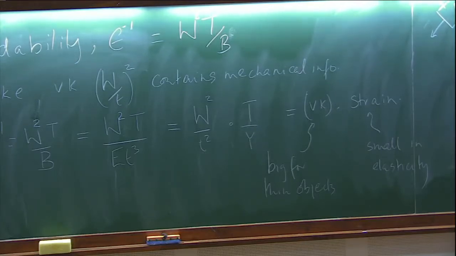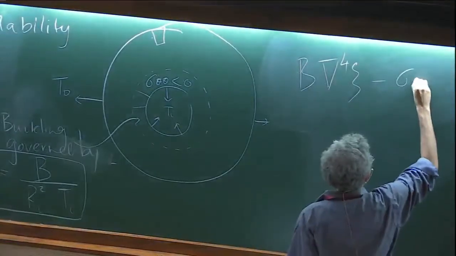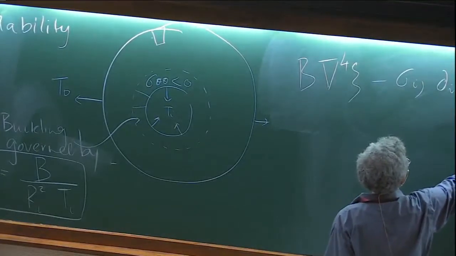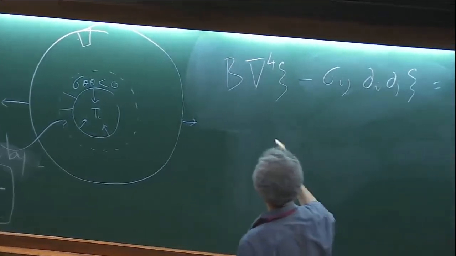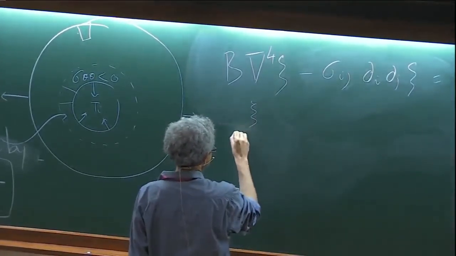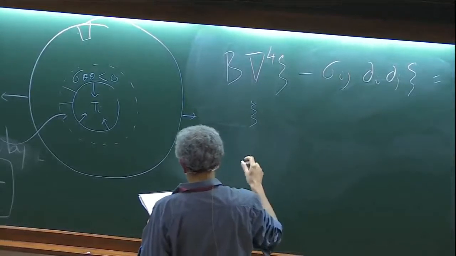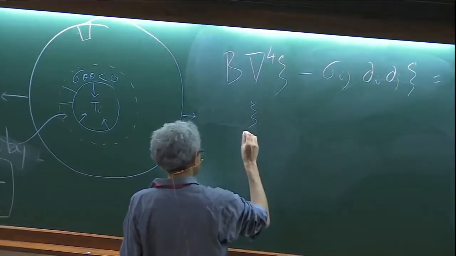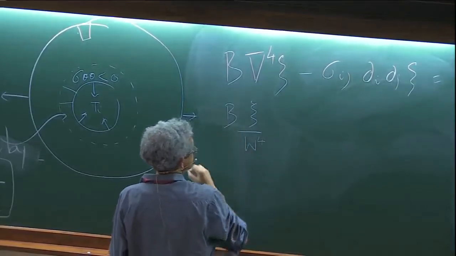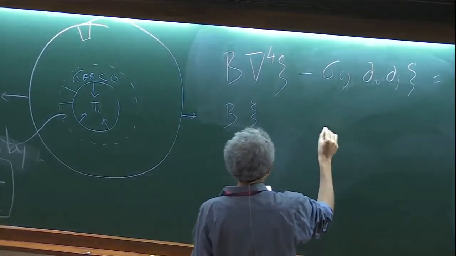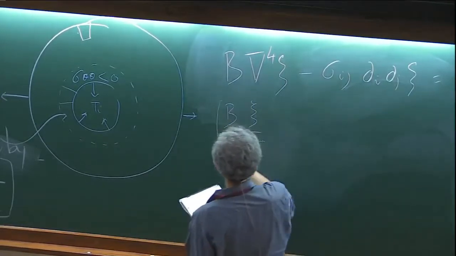So let me just write the shorter form of these equations that we've been looking at, with some forces di dj sigma equal to normal forces. This thing is roughly, you're balancing this term, and this is sort of the scale of this.